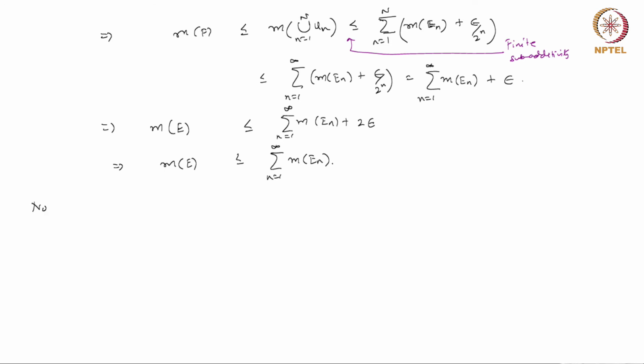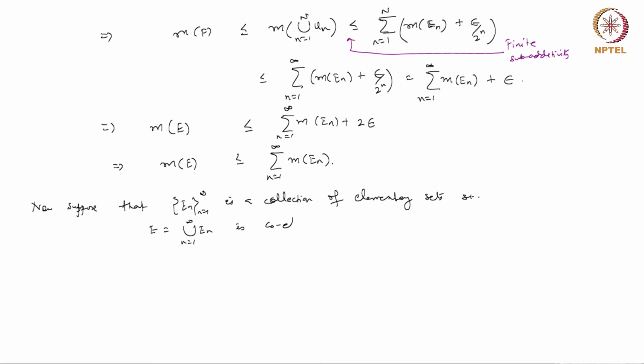Now suppose that the En is a collection of elementary sets such that the union n equal to 1 to infinity of En is co-elementary.